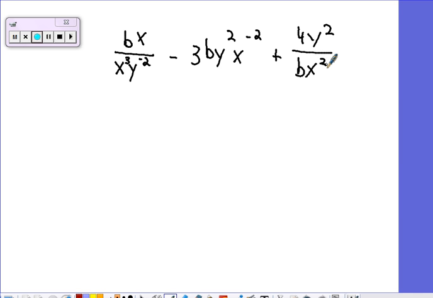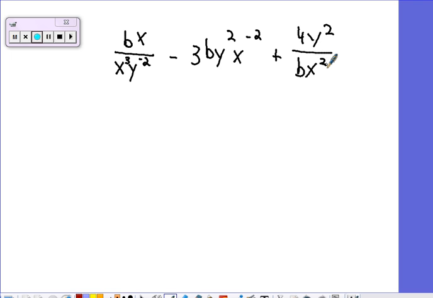Okay, so you have an inkling that this is going to work. Well, of course it's going to work, otherwise I wouldn't show it to you. But there's a trick to this. And the trick to doing this problem so that they all look like like terms is we're going to write it so all of our exponents are going to become positive. All right? So let's rewrite this so all our exponents are positive.